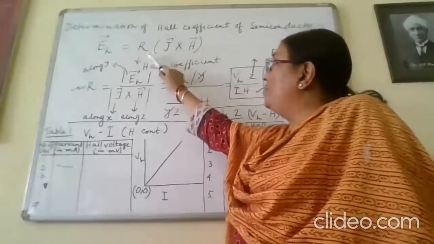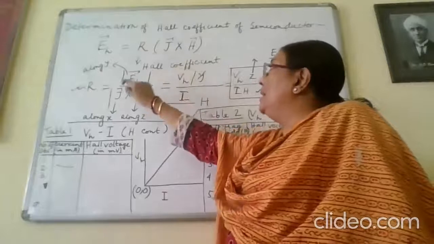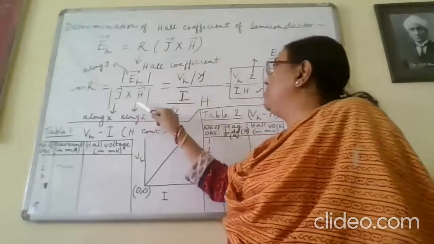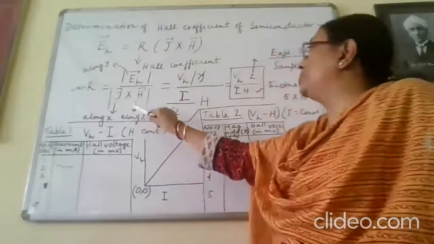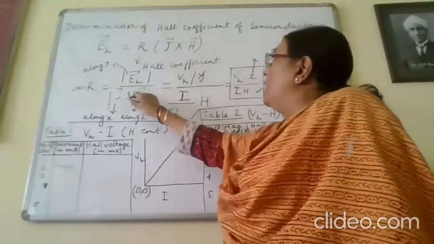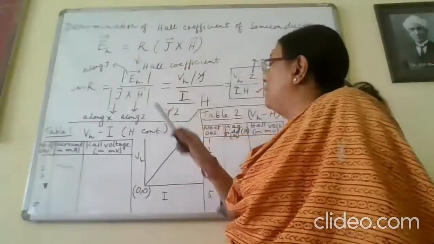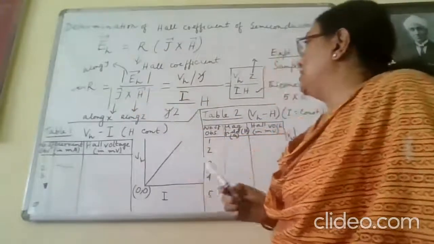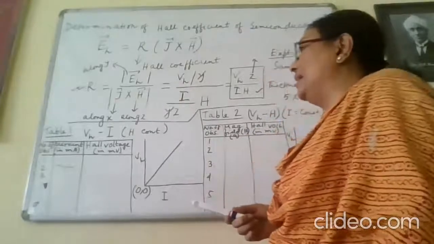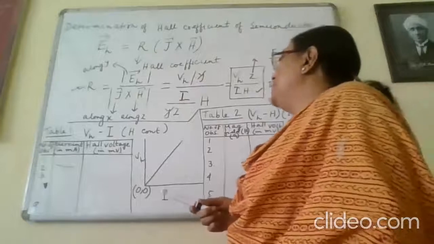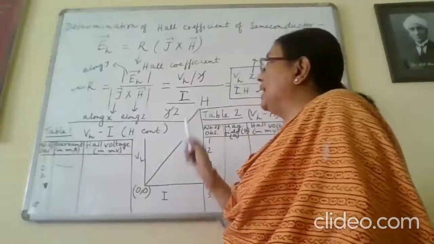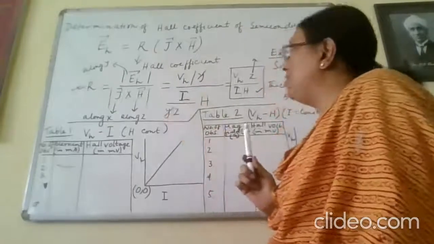Now just take a look. What about R? Now this is the modulus of EH divided by the modulus of the cross product of J and H. Okay. Now how to get the value? So we considered that a current carrying semiconductor is placed in a magnetic field and the corresponding voltage is the Hall voltage and the Hall field is developed.